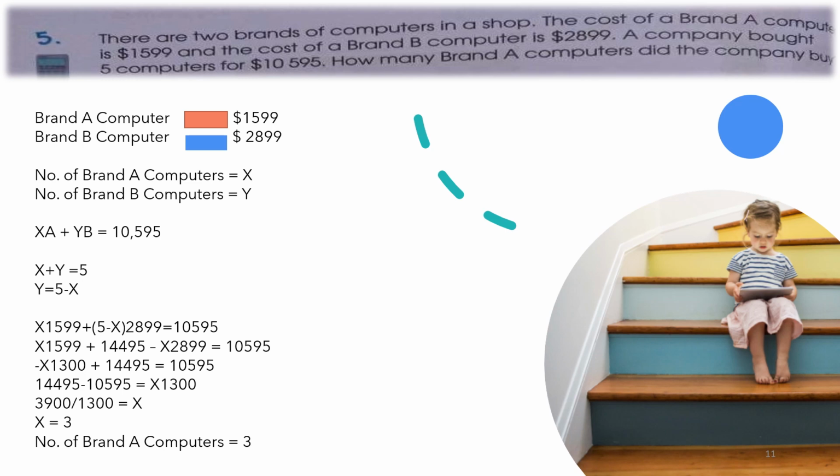And X represents the number of brand A computers. So actually we have to find the number of brand A computers, which is 3. So there are 3 brand A computers and 2 brand B computers in the question.